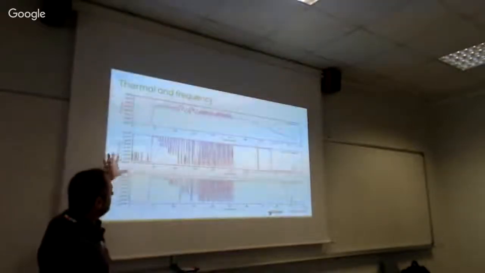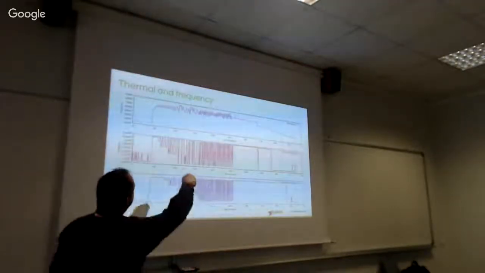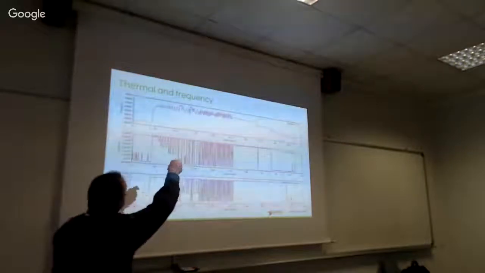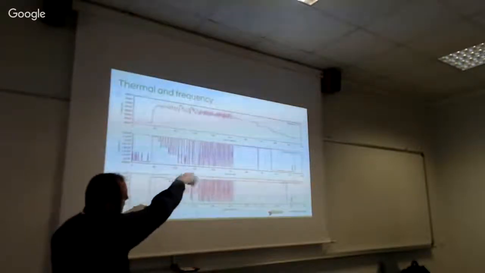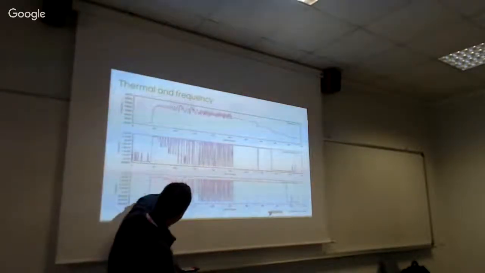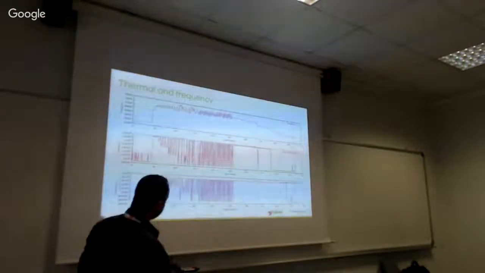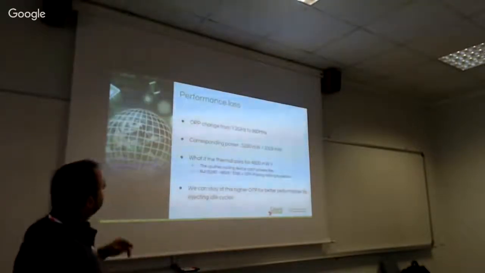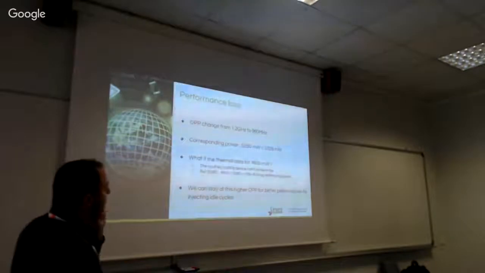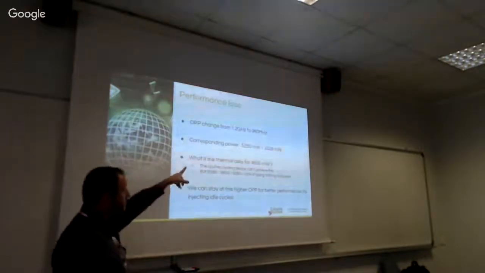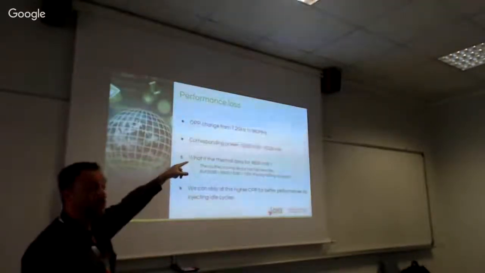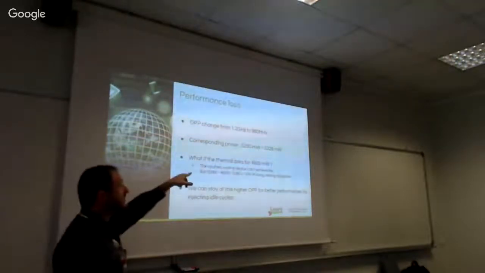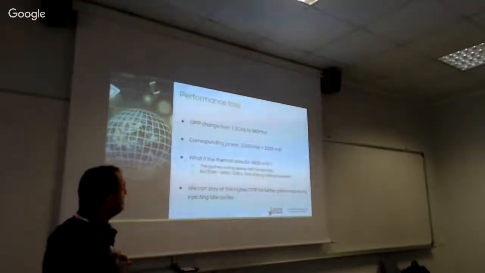So that's a reminder about the temperature around 75 and the changing of the frequency. And here we see the change of the OPPs. So we have a performance loss. For example, we have the changing OPP from 1.2 gigahertz to 960 megahertz.